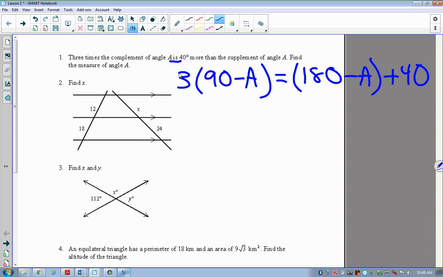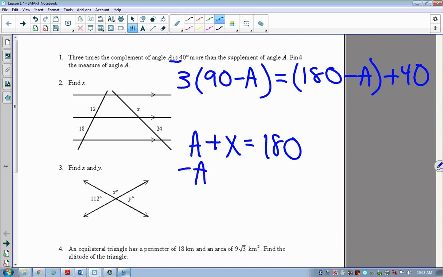A supplement is two angles that add up to 180 degrees. The supplement of angle A, I don't know what angle A is. I just know that A and its supplement add up to 180. So let's take for a second, we know that A plus, let's say, X equals 180, and X stands for the supplement of angle A. If I wanted to solve for X, what would I do with A?